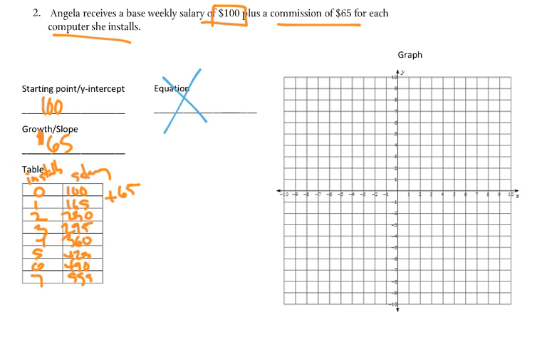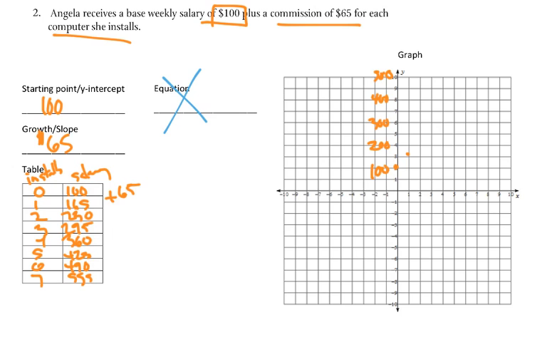Okay, we got to get up to 500, so we could do it by 50s again. So 100, 200, 300, 400, and 500. So at 0, she's up at 100. At 1, she's at 165, so slightly more.